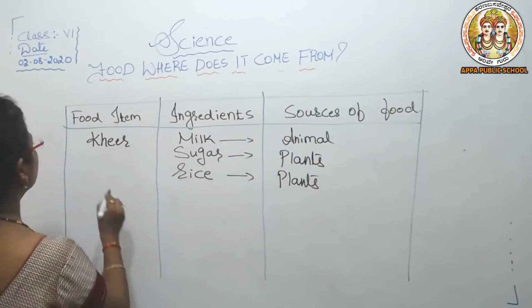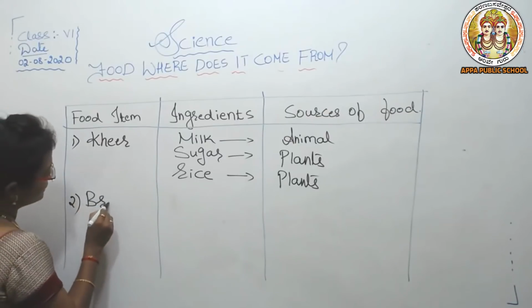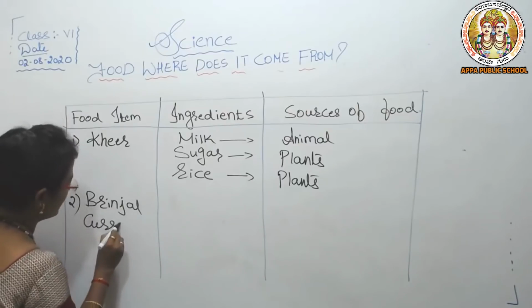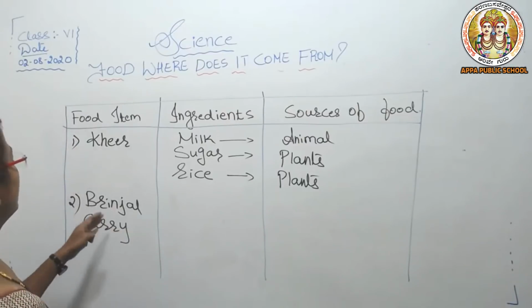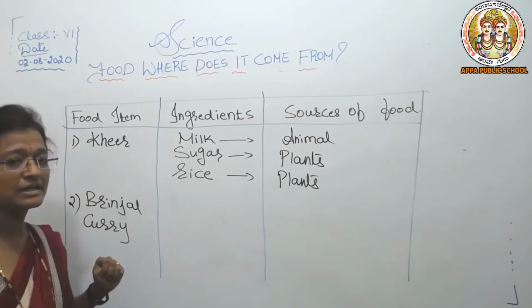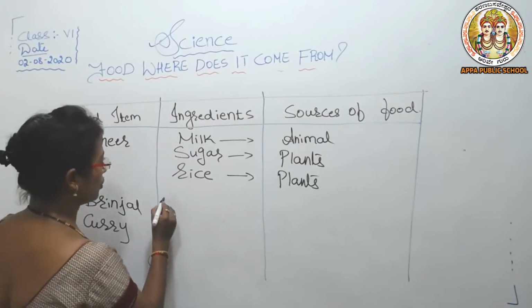So this is our first example. One more example we will take, that is brinjal curry. Here the food item is brinjal curry, and what are the ingredients we need to prepare this curry? First we need vegetable. Which vegetable we need? We need brinjal.